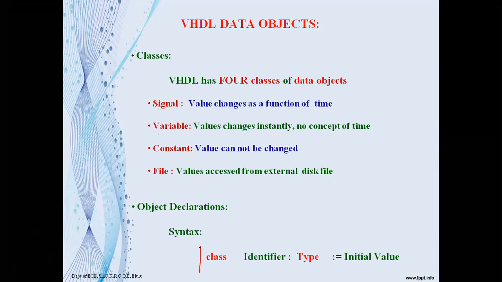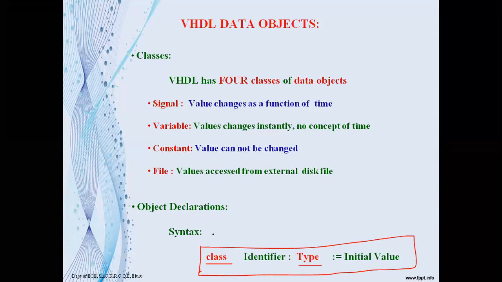Now you may understand what is a data object here. A data object consists of the class and the type. Class, it is any one of the classes, either signal, variable, constant or file. And what about the type? The type may be a bit type or bit vector type, or it may be integer, or real, or time.